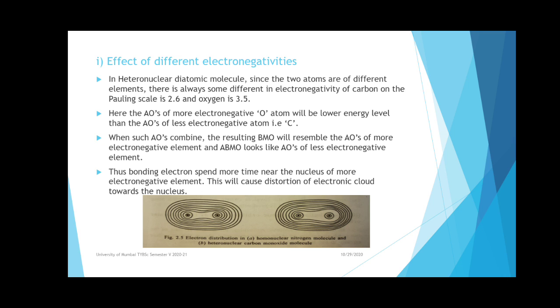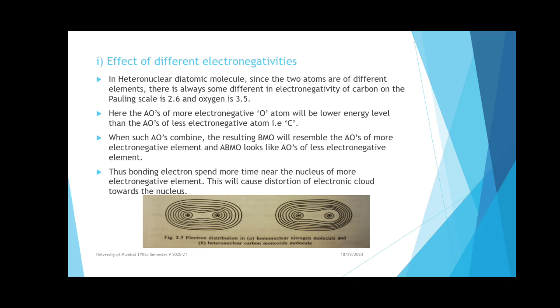So according to the Pauling scale, carbon has an electronegativity value of 2.6, while oxygen has 3.5. Now the atomic orbitals of the more electronegative oxygen atom will be at a lower energy level as compared to the atomic orbitals of the less electronegative atom.